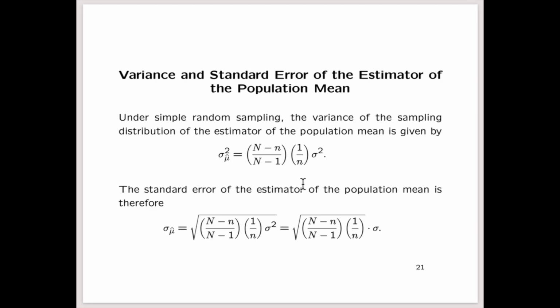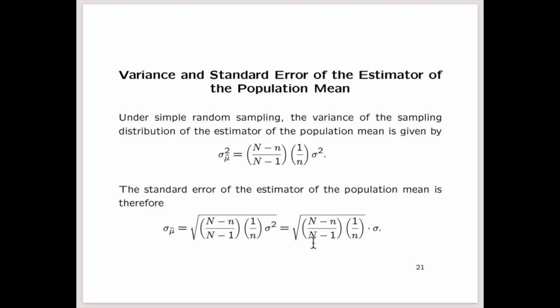Now, once we have this, we can obtain the standard error of mu hat, the estimator of the population mean, by taking the square root of this quantity. Notationally, we will represent the standard error of mu hat by sigma sub mu hat, and it is equal to the square root of cap N minus little n over cap N minus 1, times 1 over little n, times sigma squared.